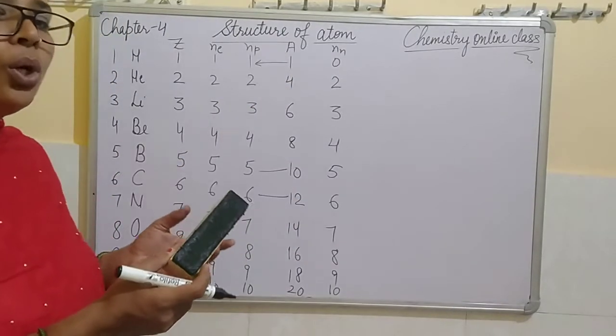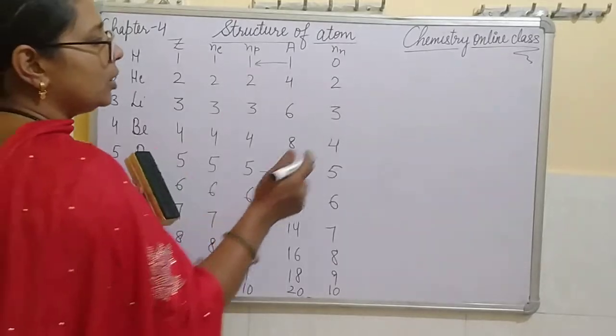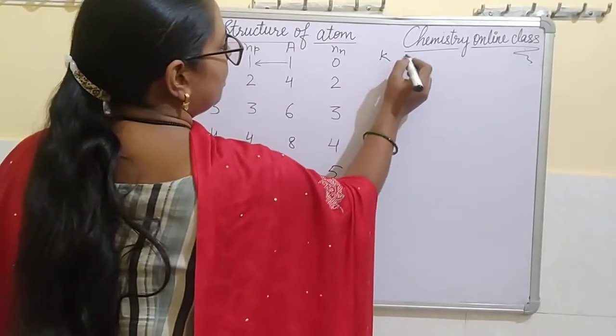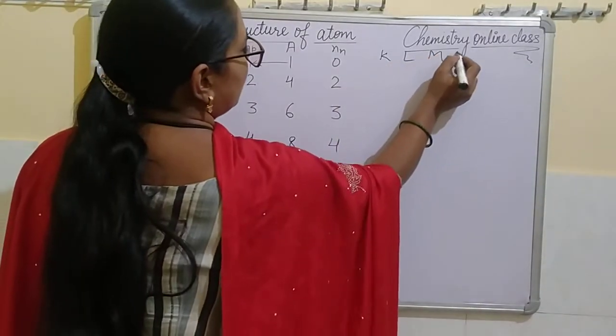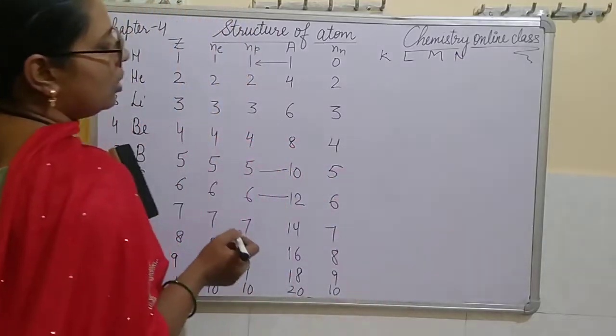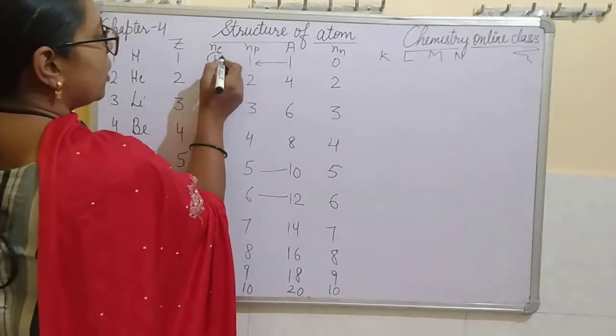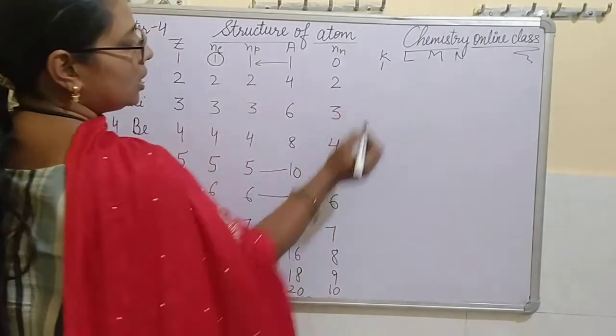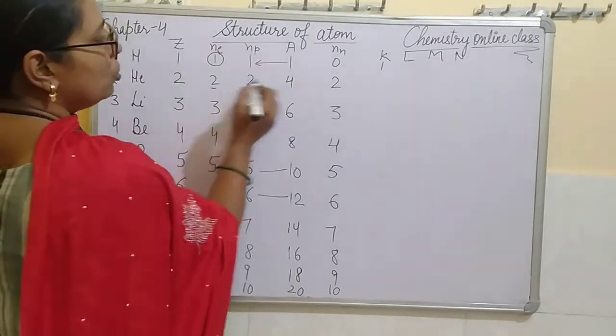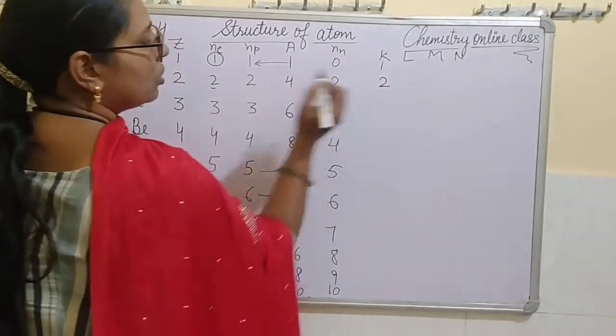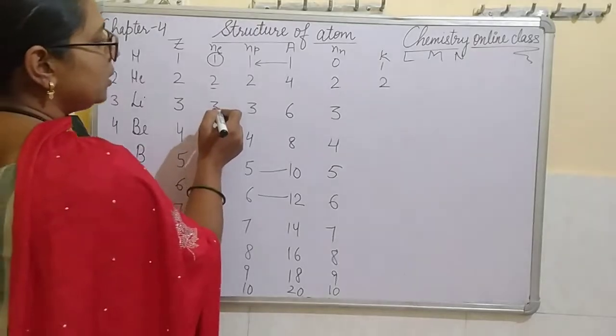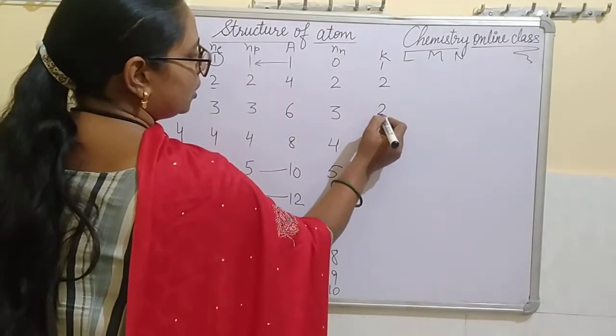Then what we will do? We will do their electronic distribution in different shells like this, K, L, M and N. Firstly we have to distribute one electron, so it will be in K shell. Then 2, it will be in K shell also. Then 3. Firstly we will fill the K shell.